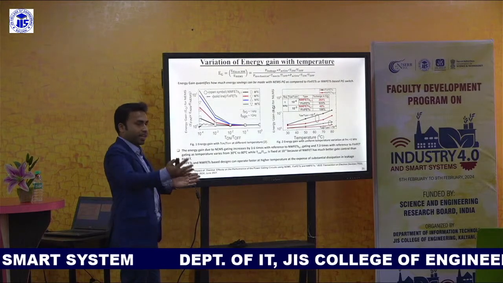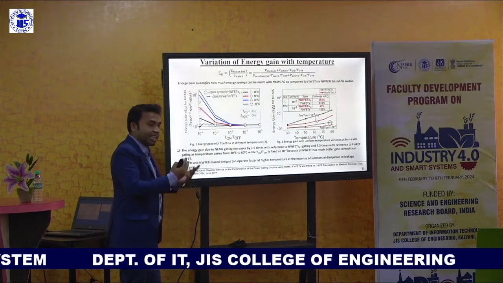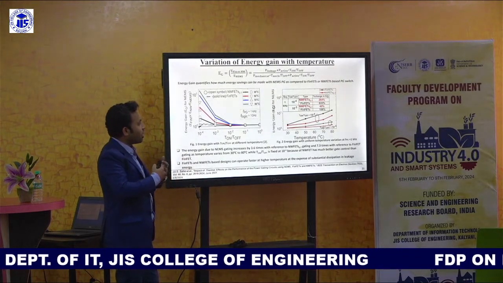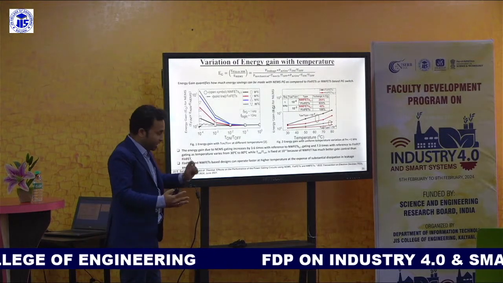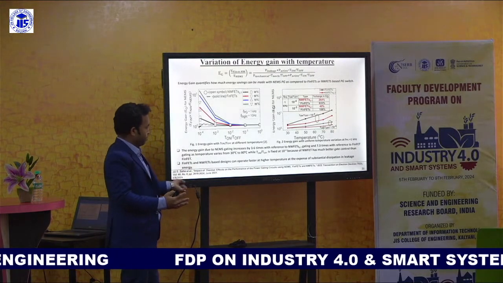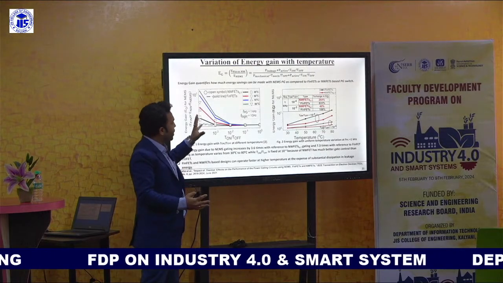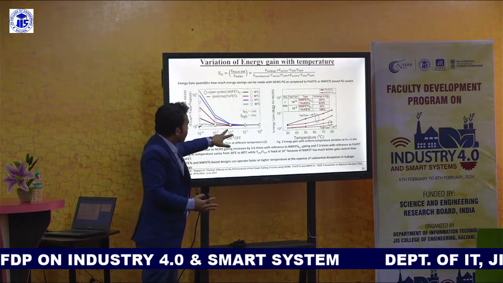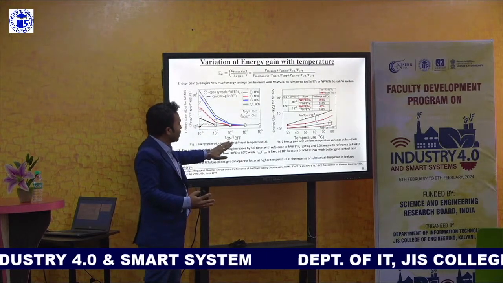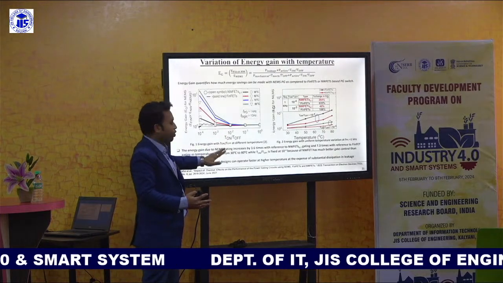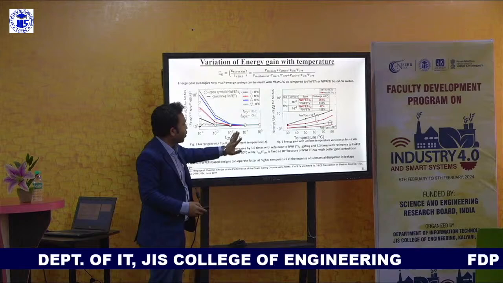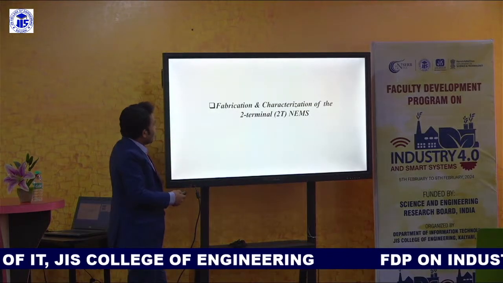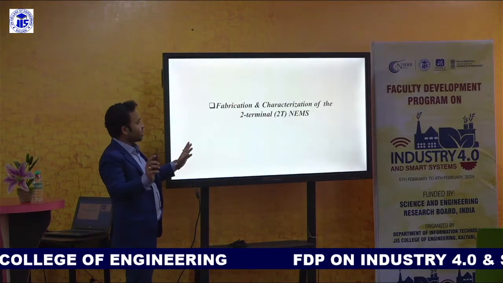At that time it will get heated up, draw a lot of leakage energy, and your battery will deteriorate much faster. If you use NEMS, the deterioration rate will be very low. That is the motivation. You can see the energy gain in the curve also. That is the simulation I have done.